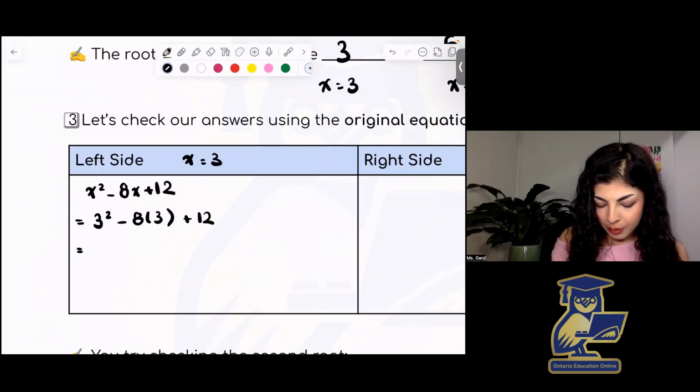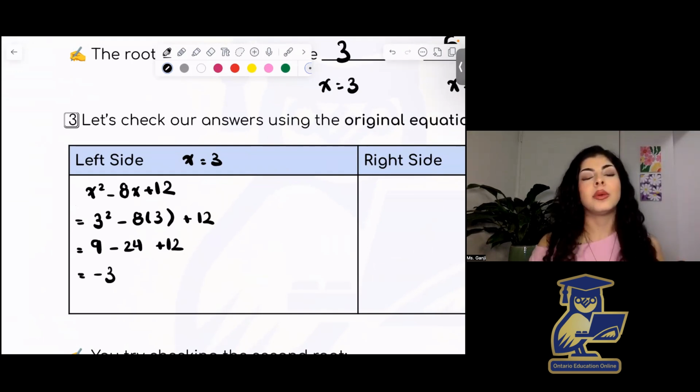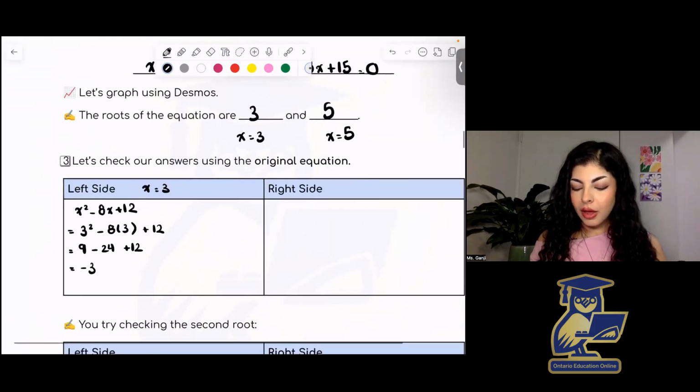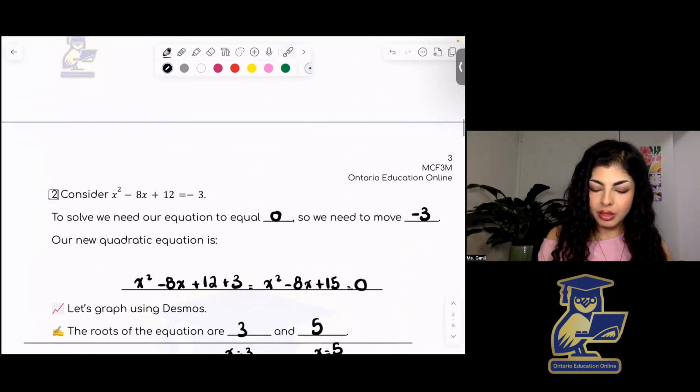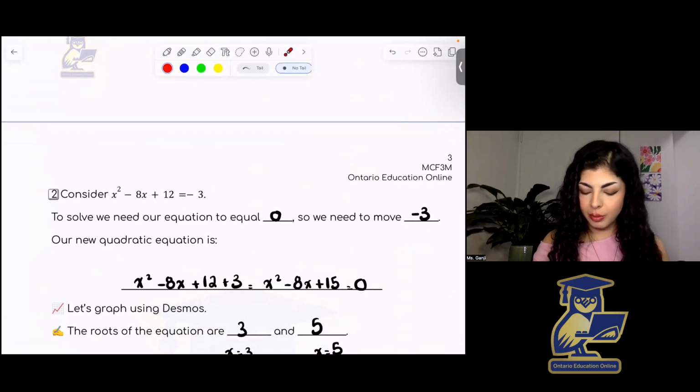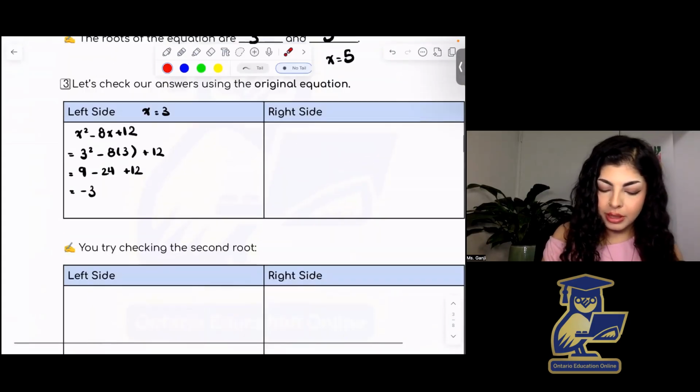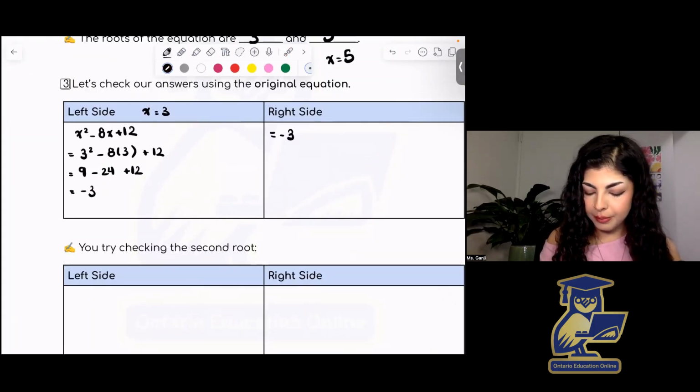And continuing on, this is equal to -3. And the right side of my equation was actually just -3 to begin with. So the right side, we're just going to write equals -3.